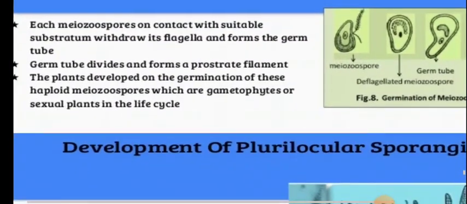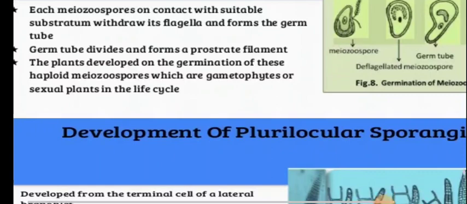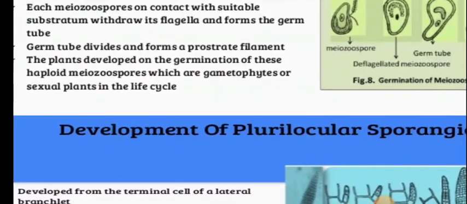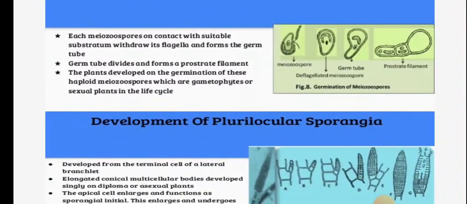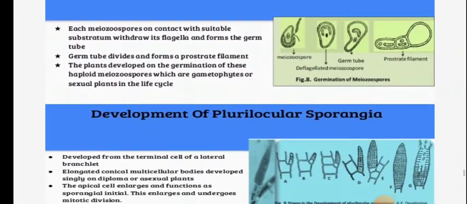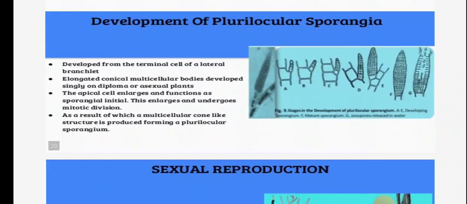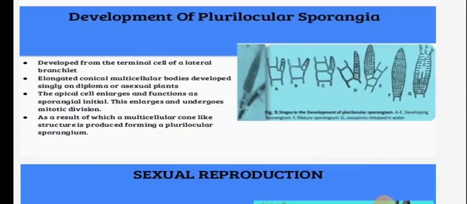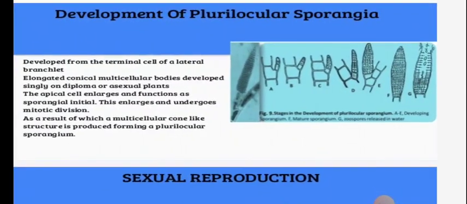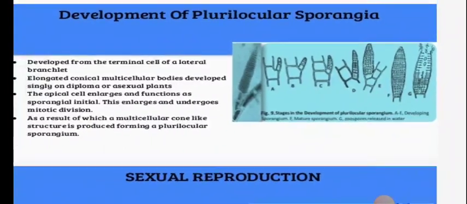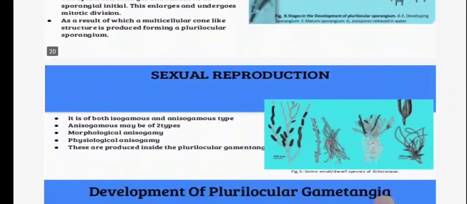Then the germ tube divides and forms a prostrate filament, and this filament develops on the germination of these haploid meiozoospores. So the order Ectocarpales is specific. Then the development of plurilocular sporangia, how they develop. You are observing part of this Ectocarpus thallus, and it develops like this.